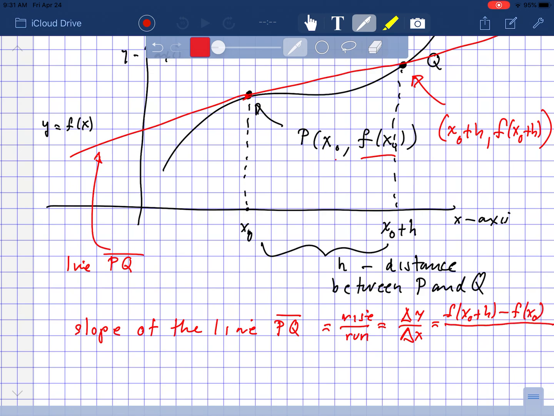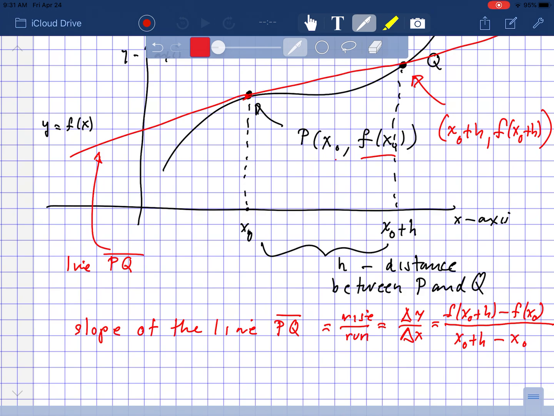And then delta x is going to be the x-coordinate of the point Q minus the x-coordinate of the point P. So that's going to be x sub naught plus h minus x sub naught. Right?